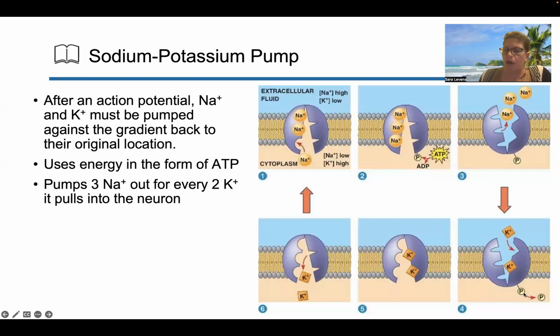Then, as a result of this ATP process, the protein opens this way, and the potassium leaves the cell, and then it returns to the shape it is here again, to bring out more sodium and return potassium. So this is what returns the cell to resting potential, to basically continue neuronal communication.